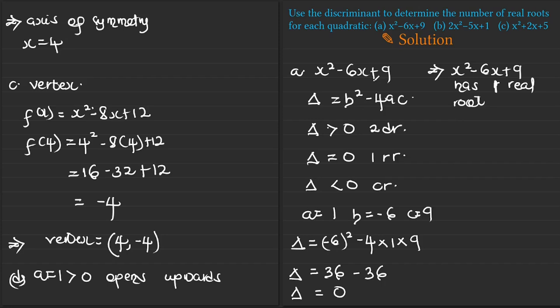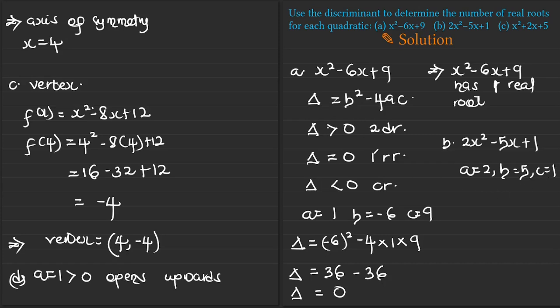Very simple. Now for the second one, B, we have 2x squared minus 5x plus 1. The same way, we have our a being 2, b being negative 5, and our c being equal to 1.